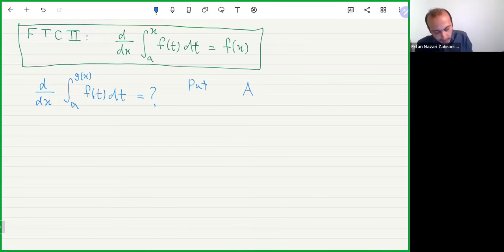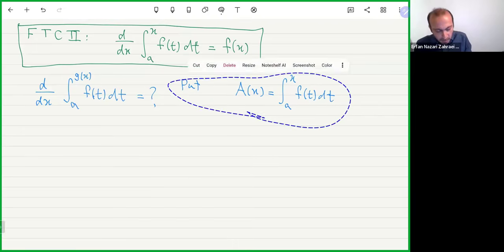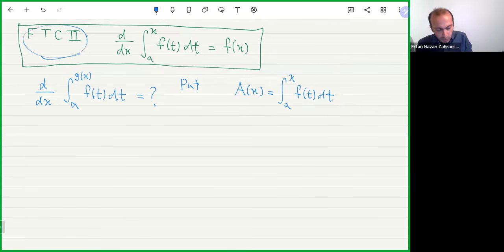Let's say A(x) is the integral from a to x of f(t) dt. I know from the fundamental theorem of calculus part 2 that the derivative of this function is f(x). Let me write this down: by the fundamental theorem of calculus part 2, A prime of x is f(x).